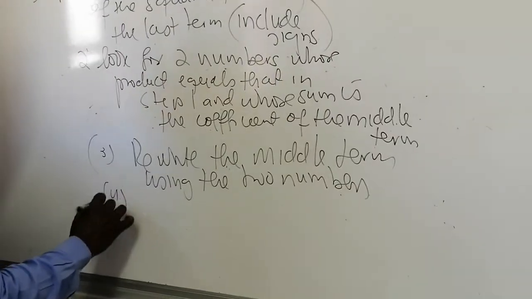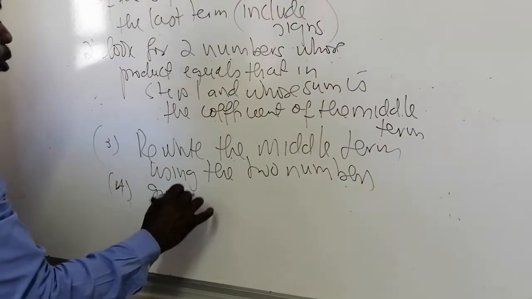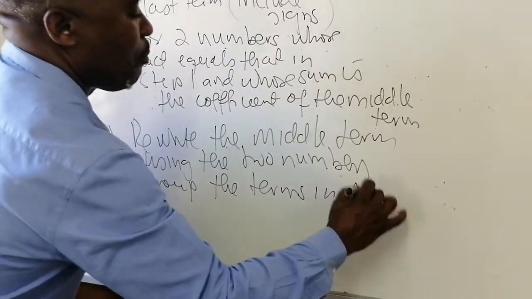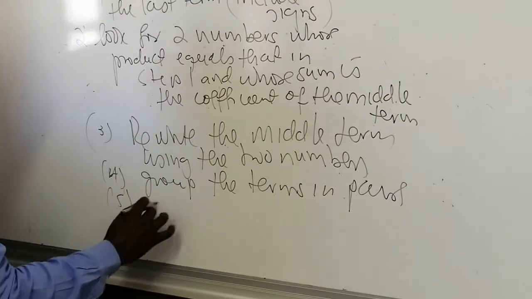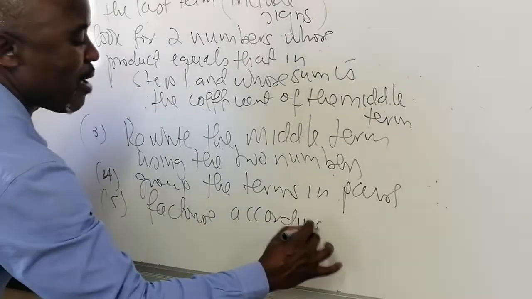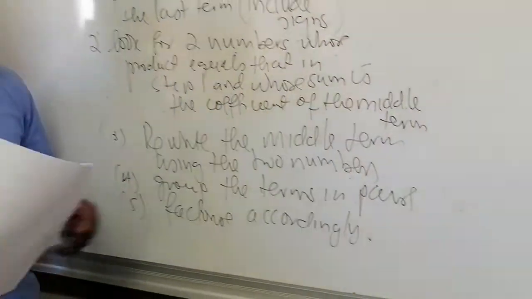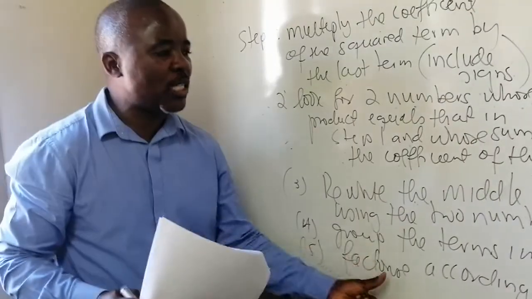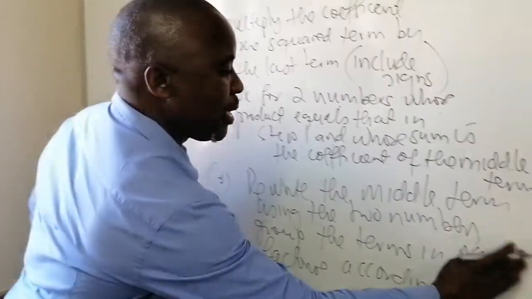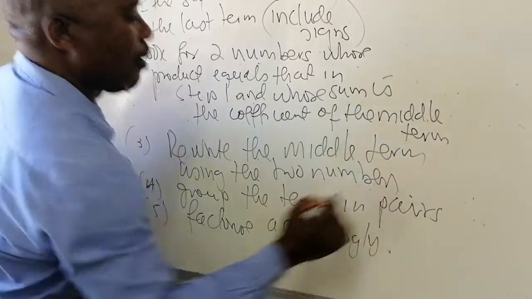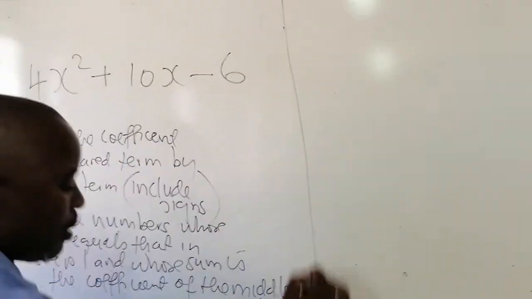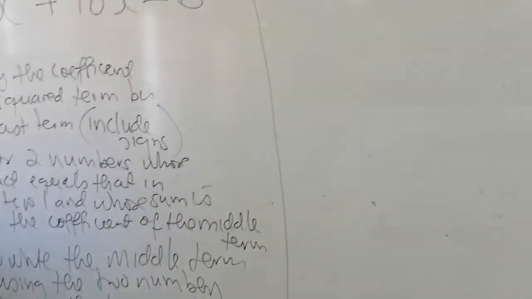And then step number 4, you group the terms in pairs. And step number 5, you factorize accordingly. Remember, I've shown you how to factorize using the method of grouping. So this one is in pairs. Factorize accordingly. So let's now go into the actual factorization.